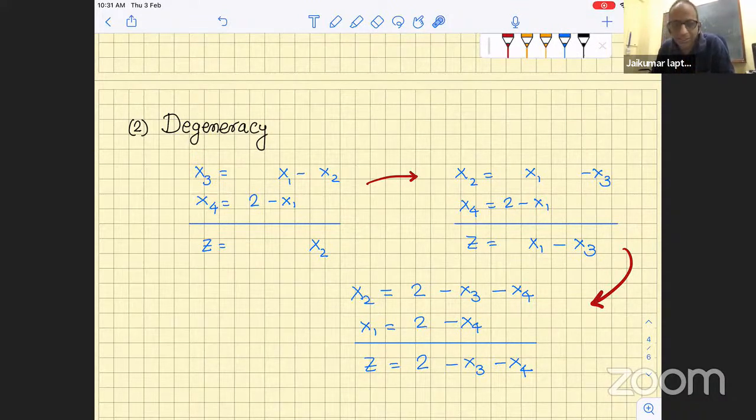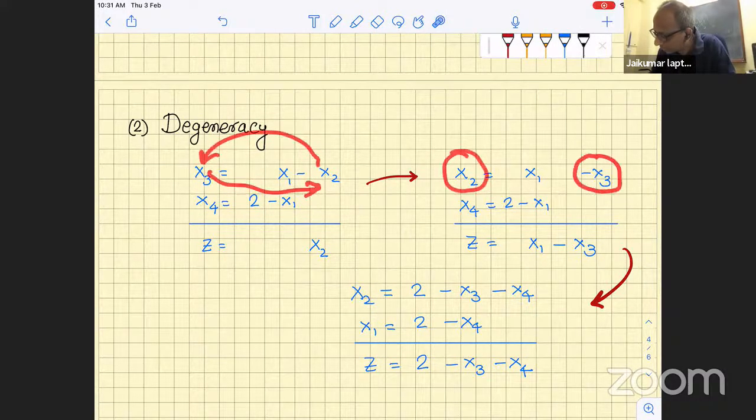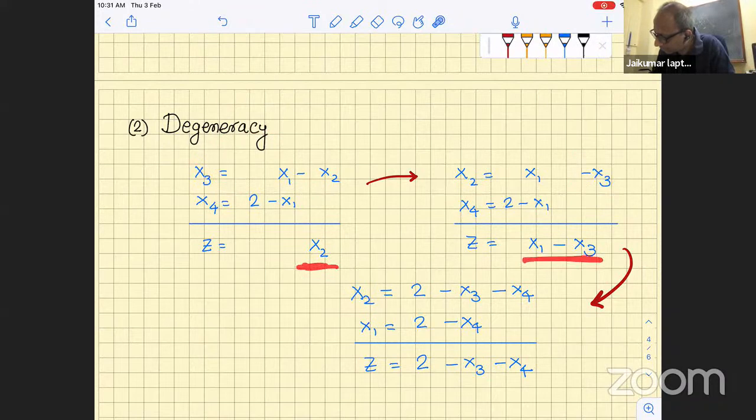So we go through the motions and say, okay, we seem to have hit the wall right at the beginning itself, but all right, we will just exchange x3 and x2. So we put x2 on this side, x3 on this side, and adjust the objective function by substituting the value for x2 from here, and x2 got substituted by x1 minus x3.